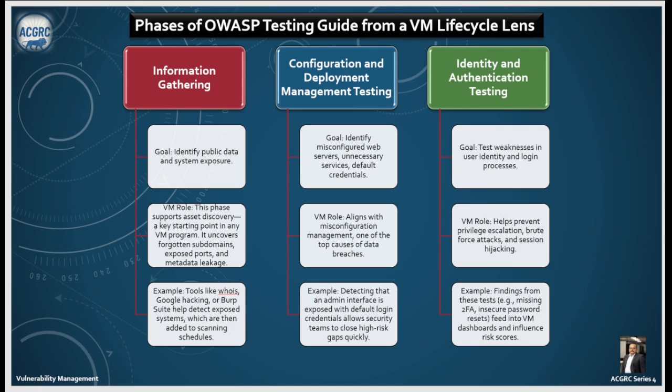From a vulnerability management perspective, this phase ensures nothing is missed, like forgotten APIs, hidden admin panels, or old pages still live. It helps security teams build better asset inventories, which is a key part of the Identify function of the NIST CSF.